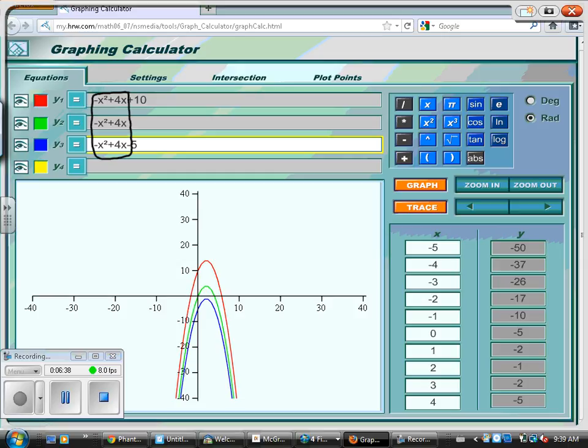Notice the vertex doesn't shift to the right or the left. All it does is shift up or down. And you can also see that the green one goes through the origin because its y-intercept is 0.